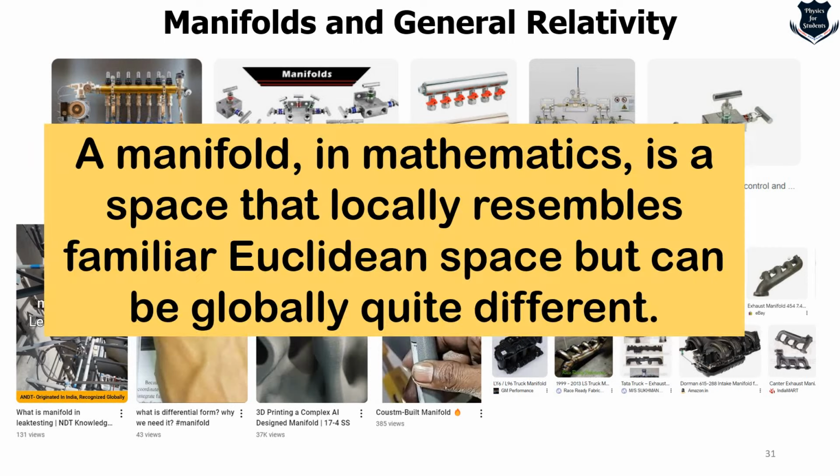And what we are more importantly using is this manifold, a space that locally resembles familiar Euclidean space but can be globally quite different. Now the importance is that if you can understand the local structure of a particular model, any mathematical or physical model, it is easy for us to use calculus and known mathematics, and then formulating the mathematics would be much easier.